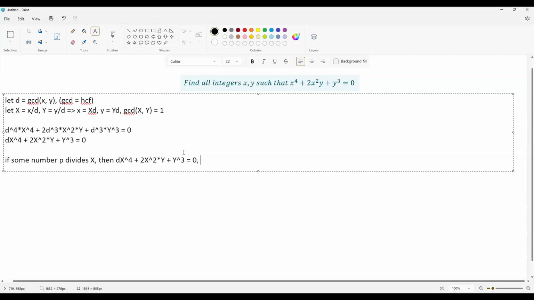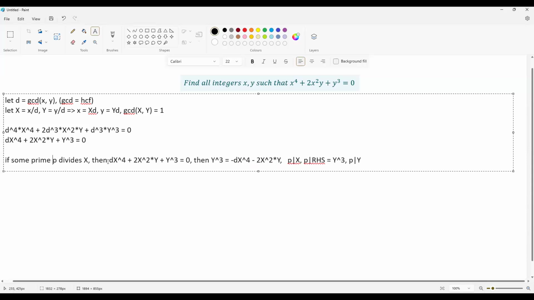Then y cubed is equal to negative dx to the 4 minus 2x squared times y. And p divides x, so p divides the right hand side because we can factor out x, which is equal to y cubed. So p divides y.